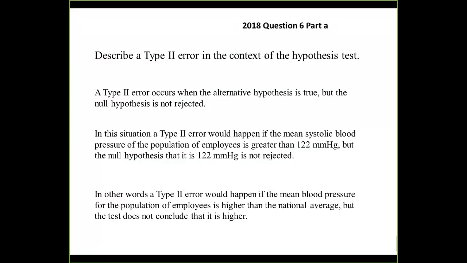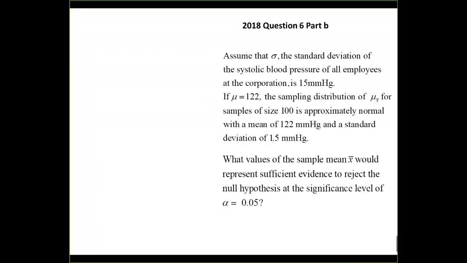Now let's move on to part B. Assume that the standard deviation of the blood pressure of all employees at the corporation is 15 millimeters of mercury. If the mean is 122, the sampling distribution of x bar for sample sizes of 100 is approximately normally distributed with a mean of 122 and a standard deviation of 1.5.